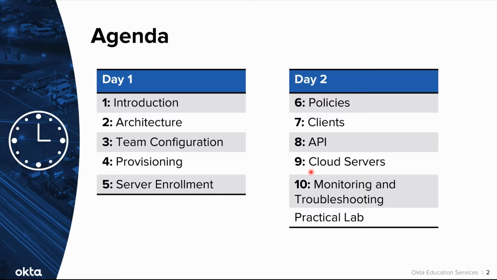We look at automatic enrollment in your IaaS environments like AWS and how you can use automation tools like Terraform. And then we do some monitoring and troubleshooting. And then we have a big activity at the end of the day where you can apply much of what you have learned over the course of the class.